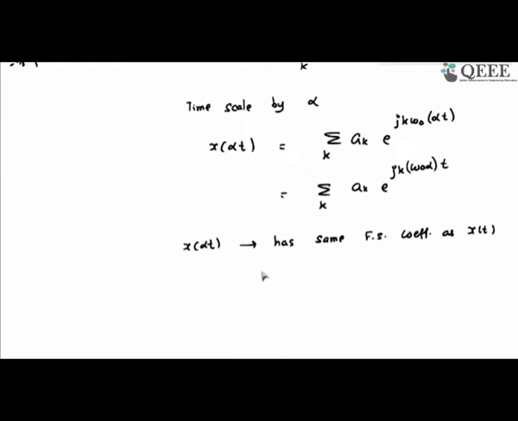Okay, so fundamental frequency has now changed from omega naught to alpha omega naught. So essentially if I time scale, if I stretch the signal or compress the signal, the Fourier series coefficients are going to be the same. Only thing is the fundamental frequency is now different because now I have compressed the time axis, the fundamental period and the fundamental frequency will change.